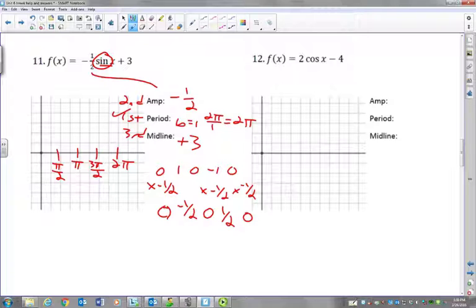Ooh, so that's going to flip it, right? It's going to go 0, then down -1/2, 0, 1/2, 0. So it's actually going to flip and change our sine graph there.